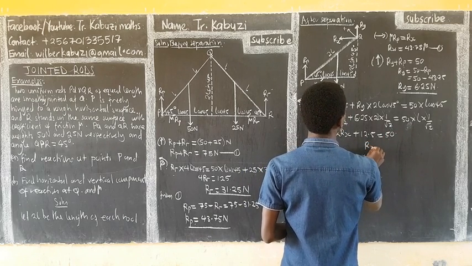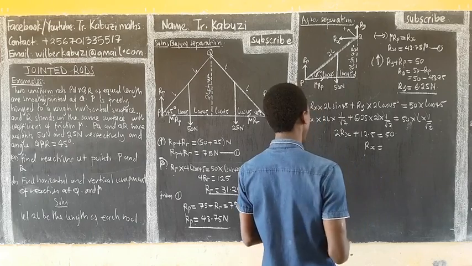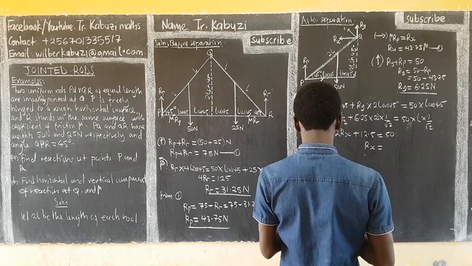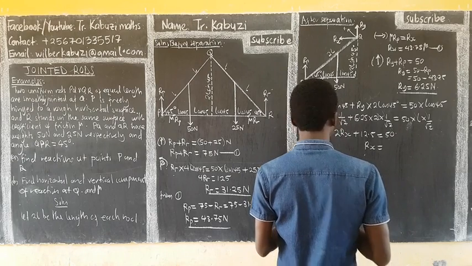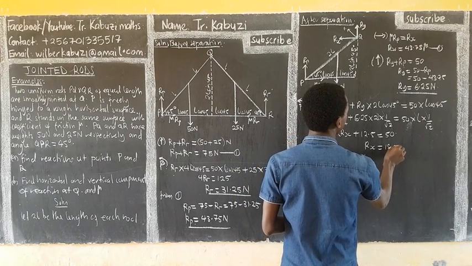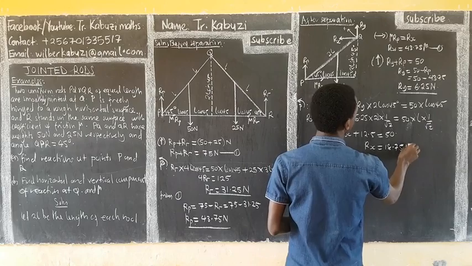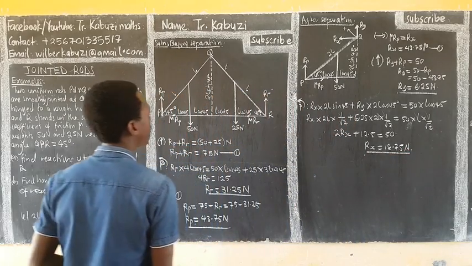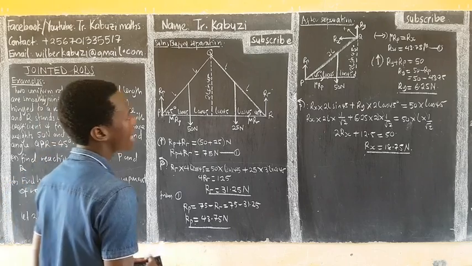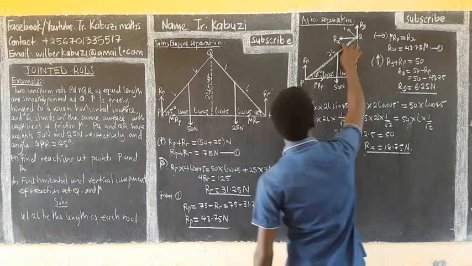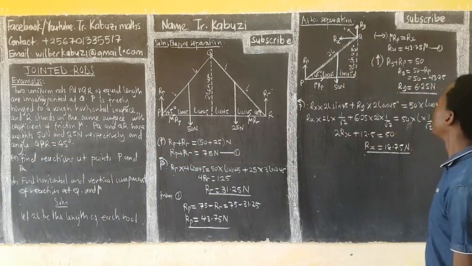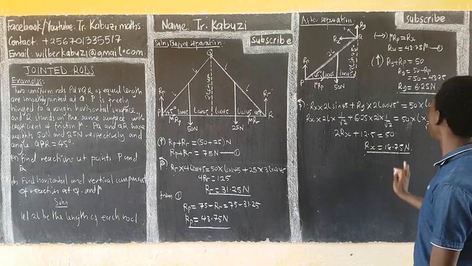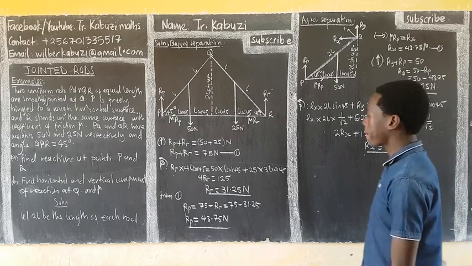So my Rx from here is going to be 18.75 newtons. So now we have the vertical and horizontal components at the hinge. This is the vertical, this is the horizontal at Q. So basically that's what we had to get there.